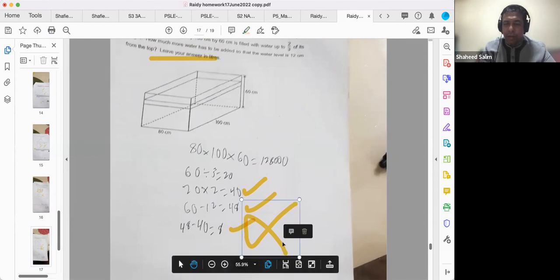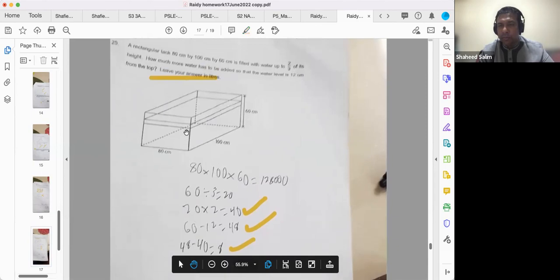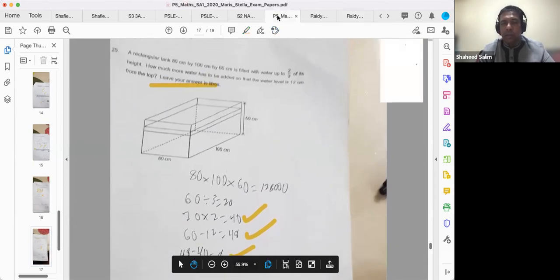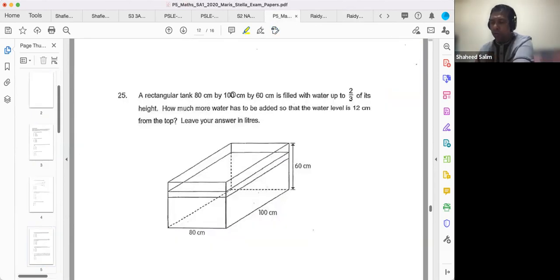Okay, can you see the question using your paper? Okay, we go through. I read through again. Then you see you almost reached it. Now you know this is the tank. Filled up to 2/3. So you take 60 divide by 3, then times 2, you get 40. So from here to here is 40 cm.